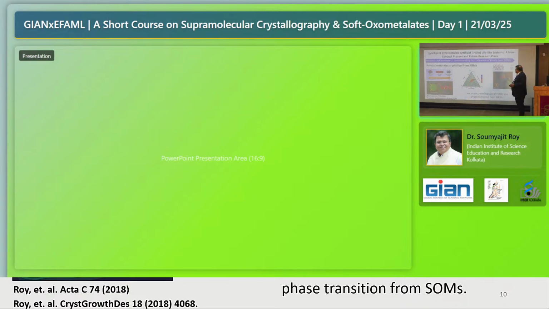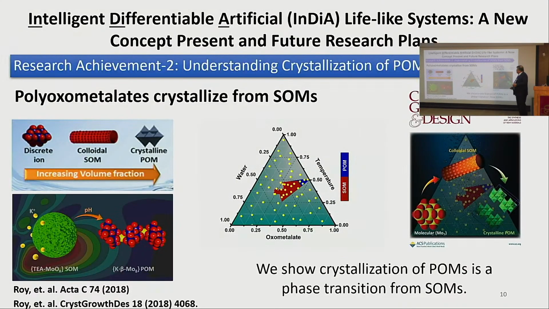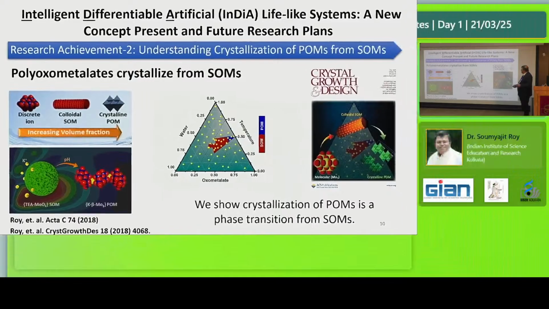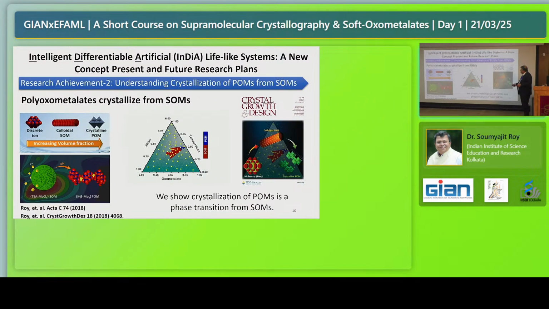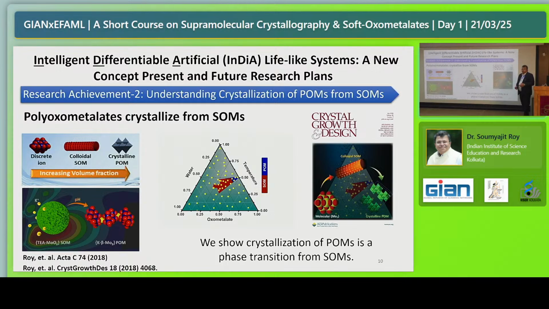And then when we plotted this in a ternary phase diagram, what we saw is that, within this domain, there are three parameters: water, temperature, and oxometalate concentration. So we saw that within the SOM domain there is a crystalline domain of POM.